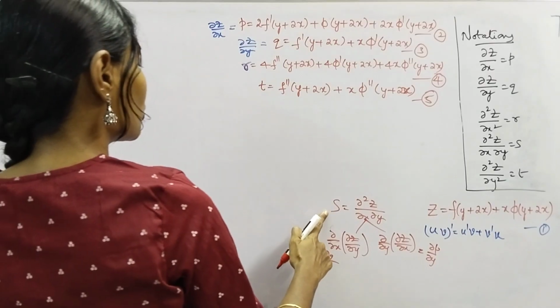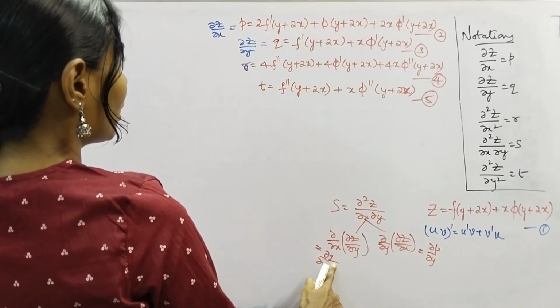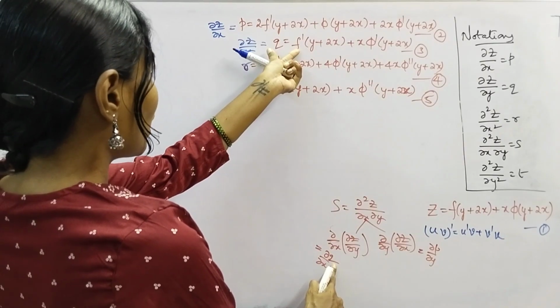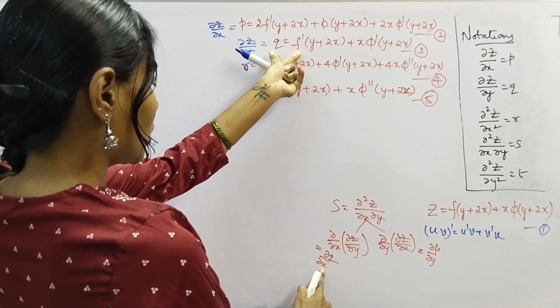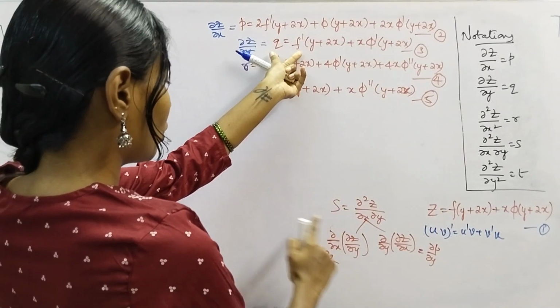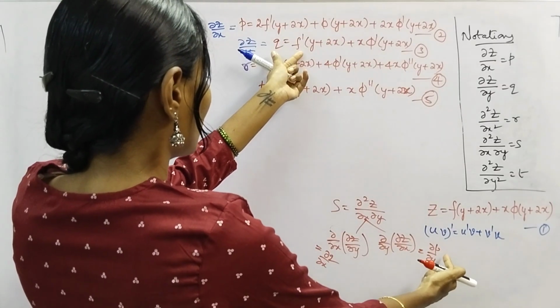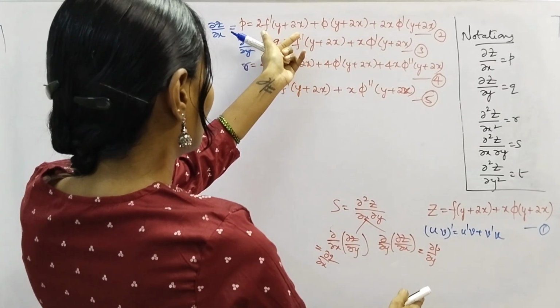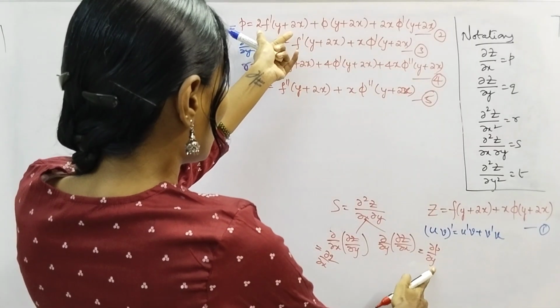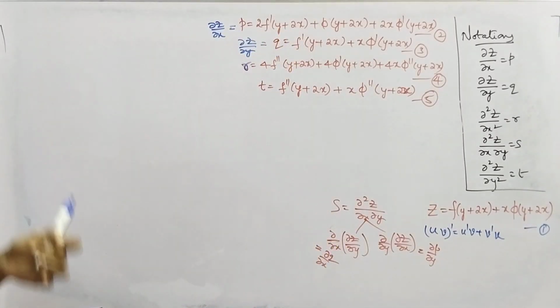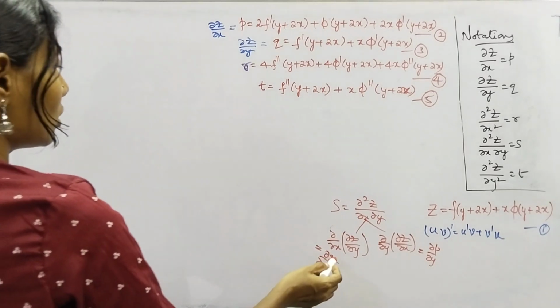So in order to find the equation involving s, you can pick the equation involving q. If you partially differentiate this equation with respect to x, you'll get the equation involving s. Or if you want to find the equation involving s using the equation involving p, just pick the equation involving p and partially differentiate it with respect to y.